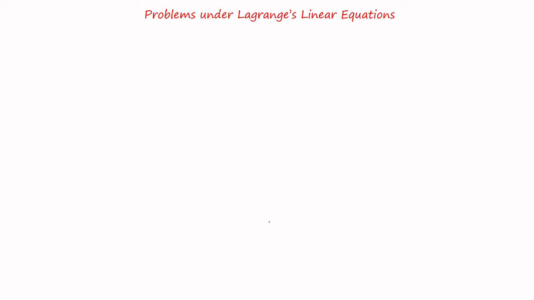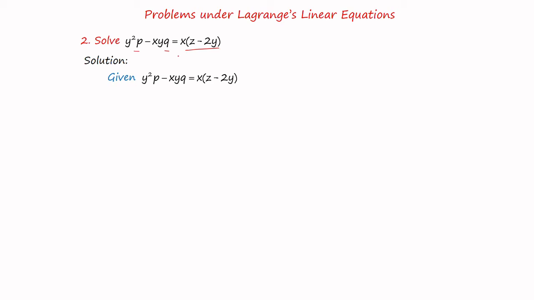Okay. First problem, solve y squared p minus xyq is equal to x into z minus 2y. Now we have to find out the solution. Given problem is this, and this is of the form, here p is there and q is there and r term is there. So p is along with some product of x, y, z, and q is also in terms of x, y, z, r is also in terms of x, y, z.